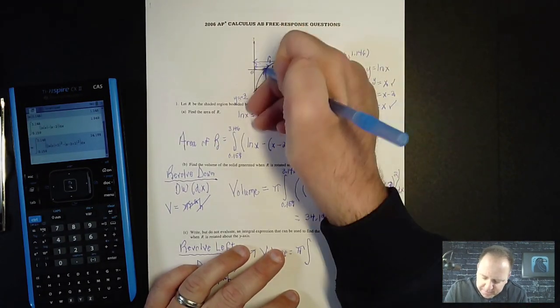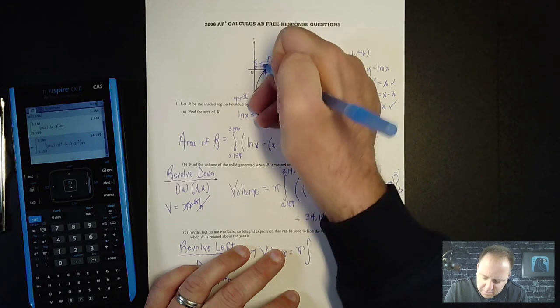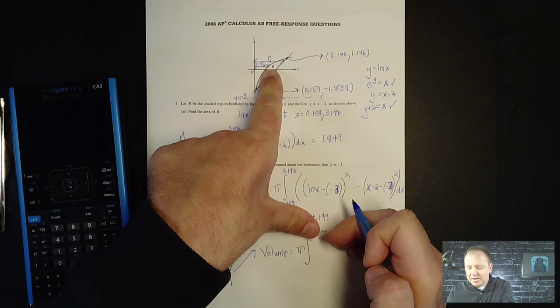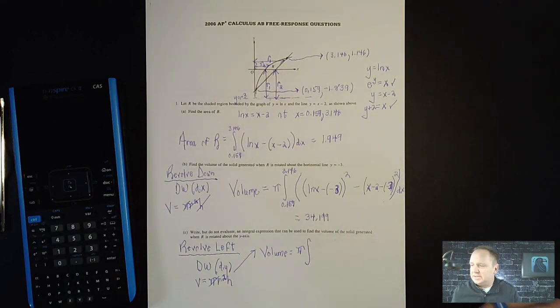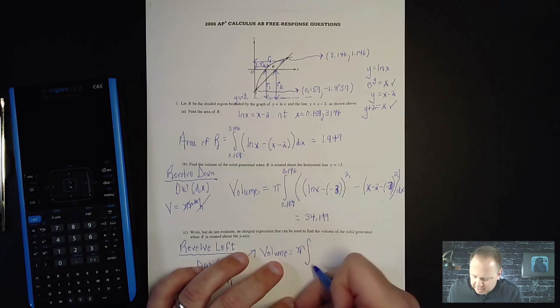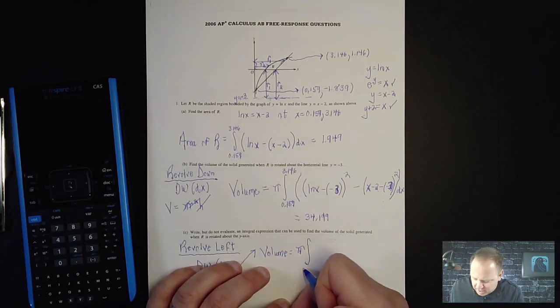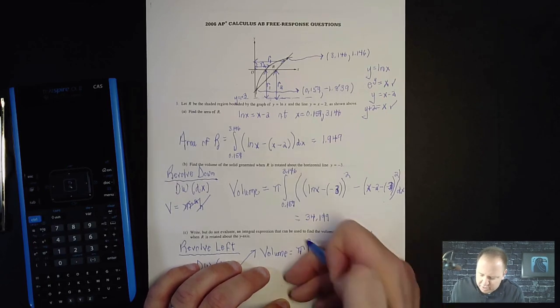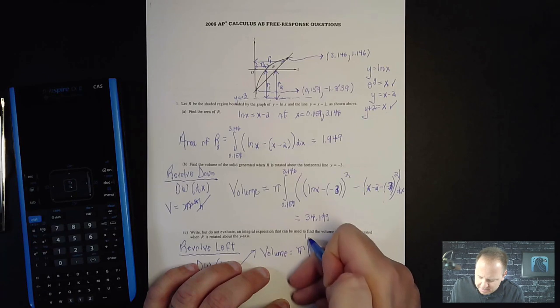And then I need to wash out the opening between the left-hand side of this shaded region all the way down to the y-axis. But I'm going from bottom to top. That's why I figured out the y values of my coordinates of intersection.